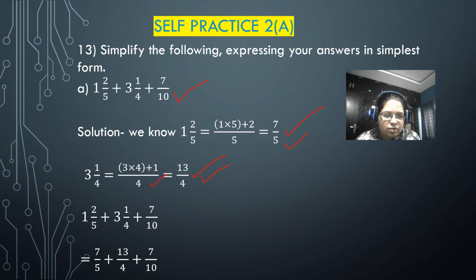Now add these improper fractions with the proper fraction 7/10. So 1 2/5 plus 3 1/4 plus 7/10 equals 7/5, an improper fraction, plus 13/4, an improper fraction, plus 7/10, the proper fraction. Now we have to add these improper fractions and the proper fraction.